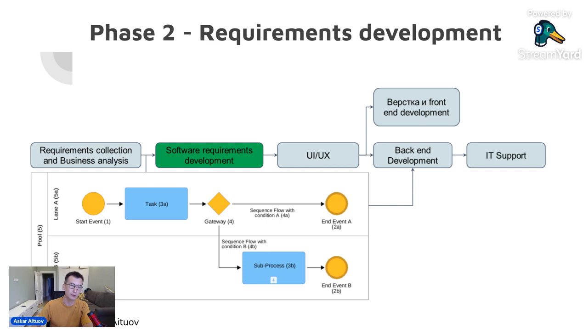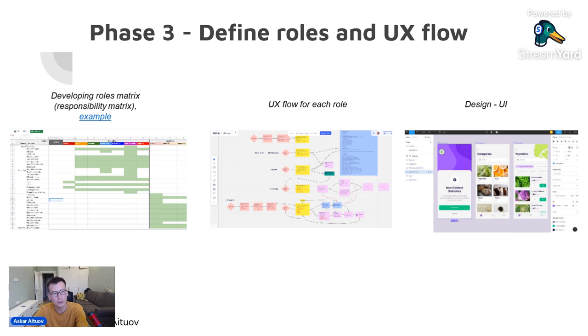Because farmers tell us what they want, but they tell it in their language. Now our task is to transfer it to the way a machine can understand this task. It's difficult. Then we could start developing design, developing roles for our IT system.